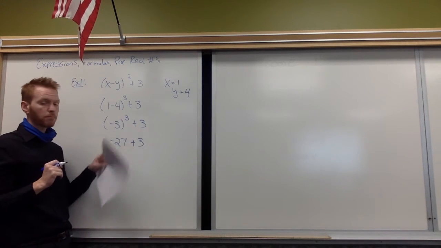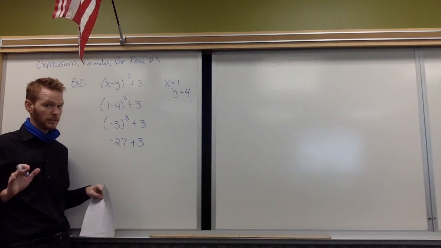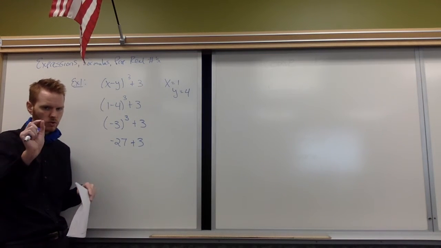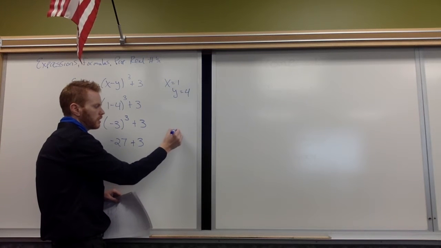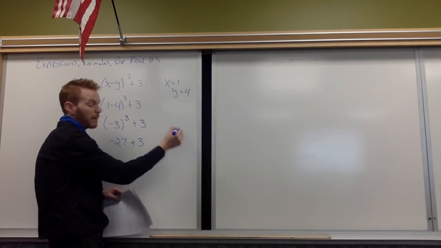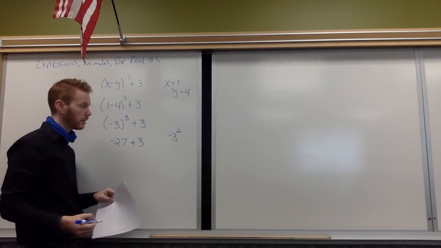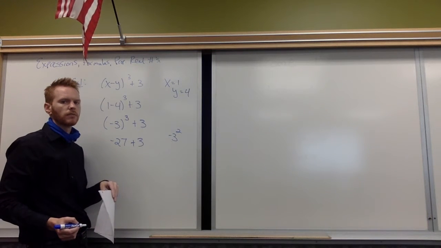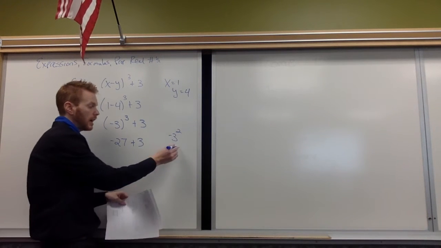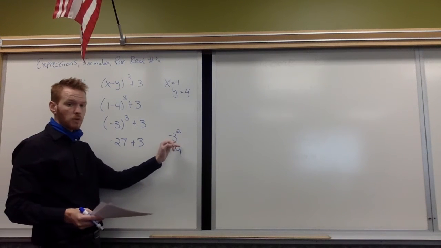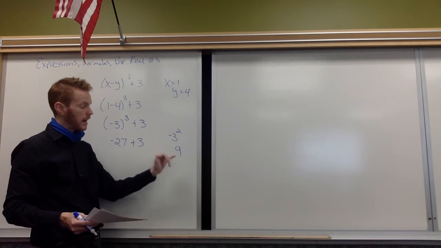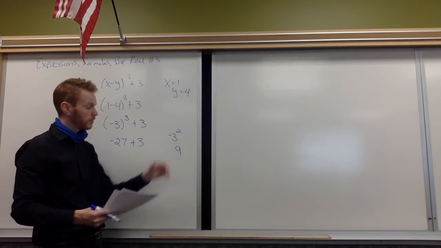Now, if you don't have parentheses there, it's completely different. Let me just do a quick side note for this. Negative 3 to the second power, let's say. That's not negative 3 times negative 3, and some people would say, oh, that's 9. It's not. You do the exponent first, 3 to the second power, you get 9, then you multiply it by the negative.